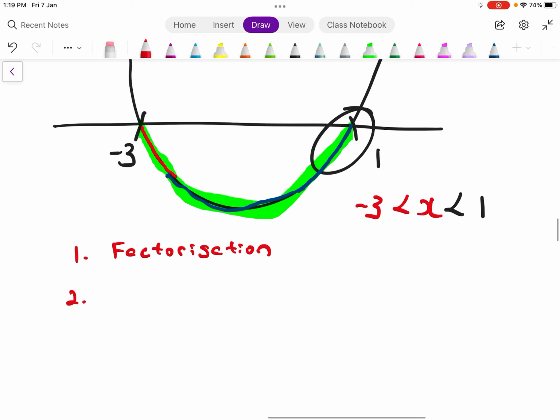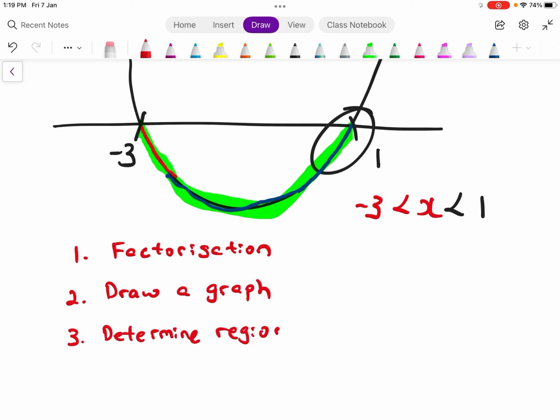Second, you can use method 1 to draw a graph. Then third, see which region you are interested in. Determine the region. Okay, so these are the 3 steps to help you solve a quadratic inequality.